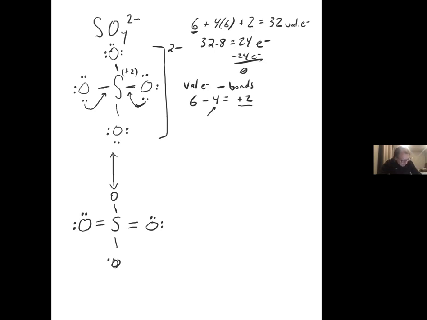And you're going to have 3 lone pairs here. And then that's -2. So now let's do the formal charge calculation on the sulfur. Sulfur has 6 valence electrons. It now has 6 bonds. So it has a formal charge of 0.